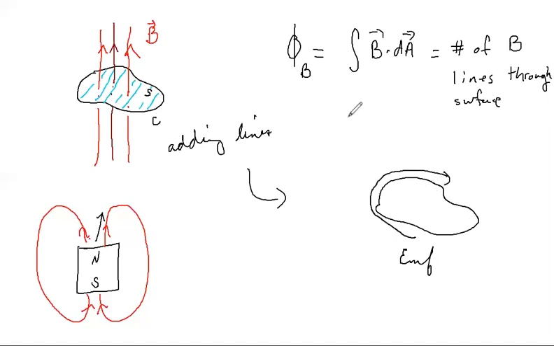Okay, so I have field lines going through the loop, so when I increase the number of lines through the loop, it gives me an EMF around the loop. All right, and that's the essence of Faraday's law.